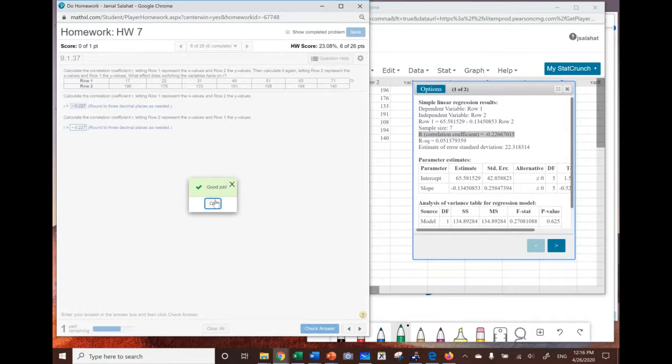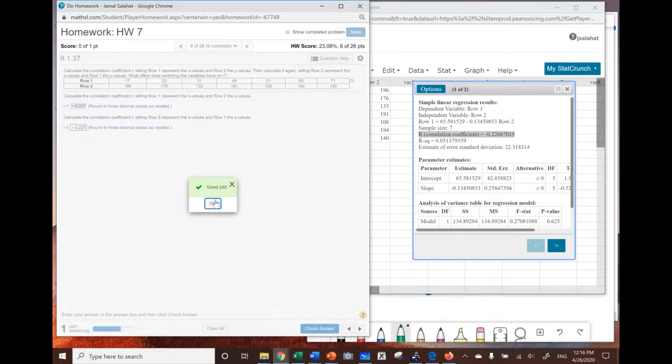This is clear because R is a measure of the strength of the correlation, the relationship between two things, row 1, row 2, or row 2, row 1. It doesn't matter, so the relationship is the same. If you flip the columns, R is the same, but other results will be different.